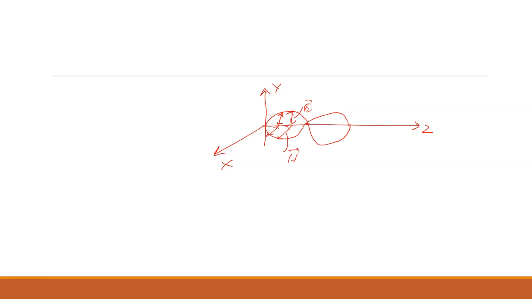If the wave is moving along z direction, then E and H are independent of x and y direction.